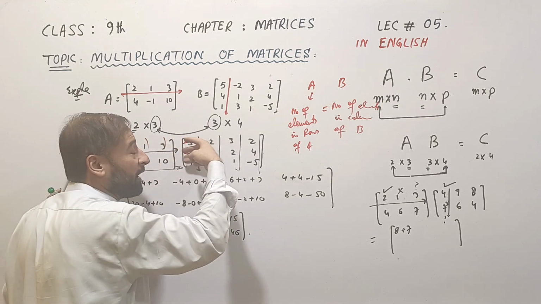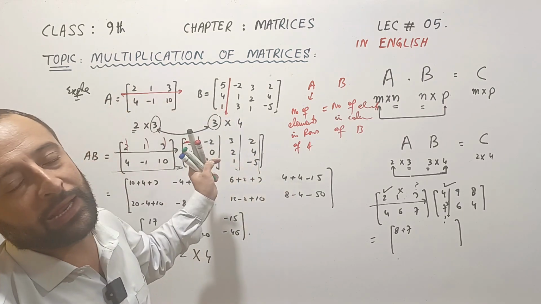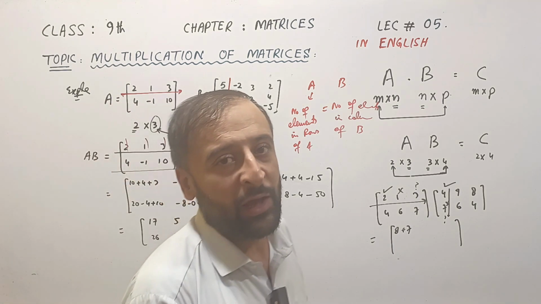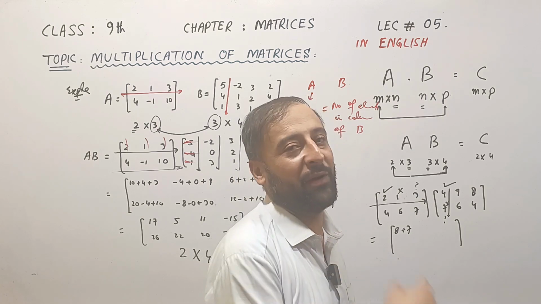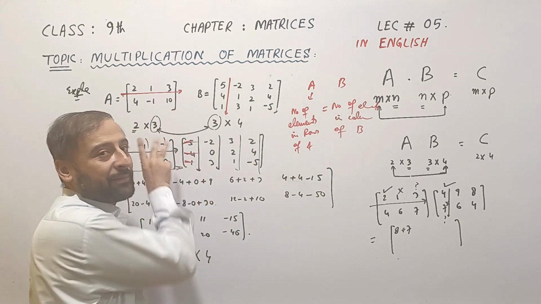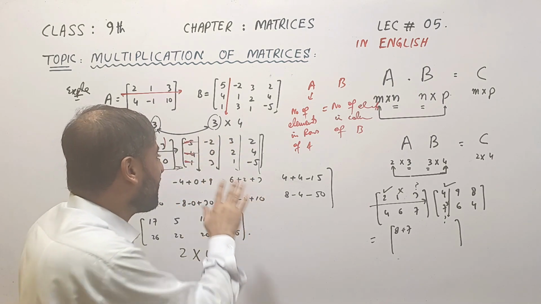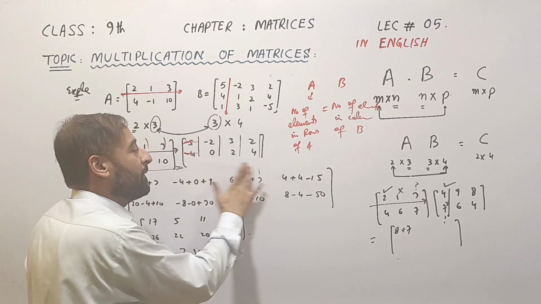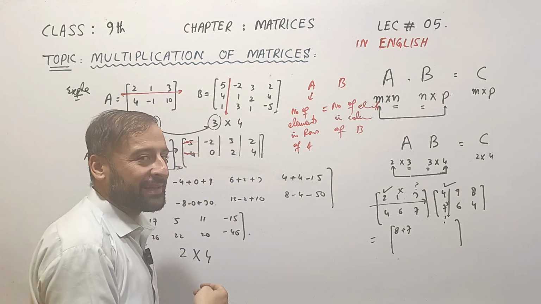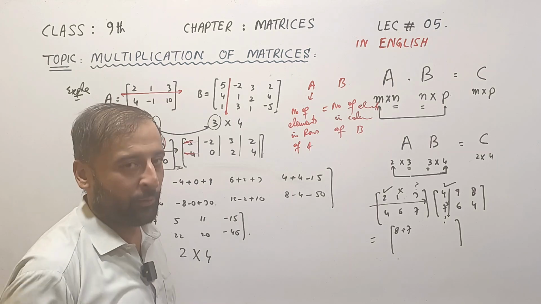And we have 3 elements in a column. So you could also say that A multiplied by B will be possible if number of elements in rows of A equals number of elements in columns of B. Last time I repeat, number of elements in a row means number of columns, and number of elements in a column means number of rows. So now this matrix has how many elements in the column? It has 2 elements in the column, means it has 2 rows. Hopefully you got it.